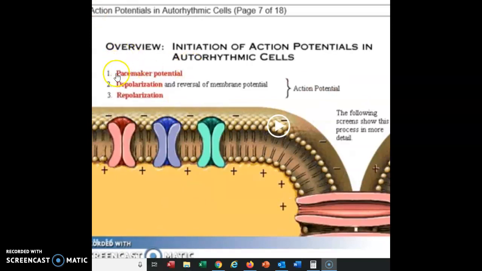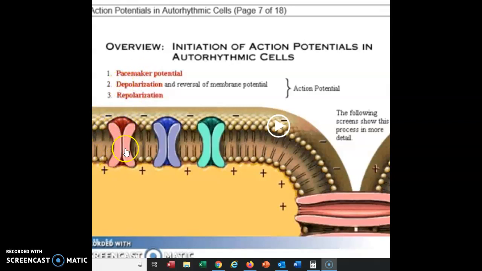Now there are three very important steps that are occurring in the initiation of the action potential in our autorhythmic cell. The first one is the pacemaker potential. The pacemaker potential also is what is responsible for what's called spontaneous depolarization. In other words, it's what's going to initiate everything, and it's the reason why we actually don't have to have a neurotransmitter to open up the gate.